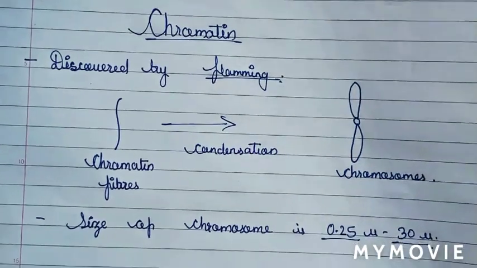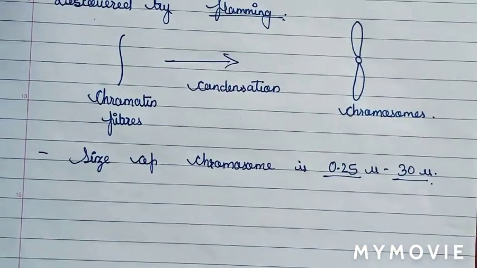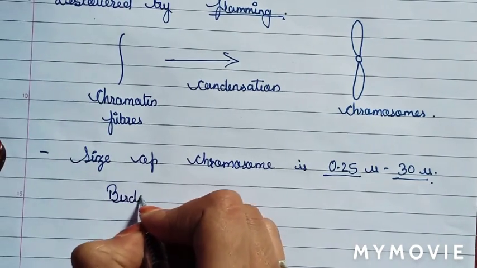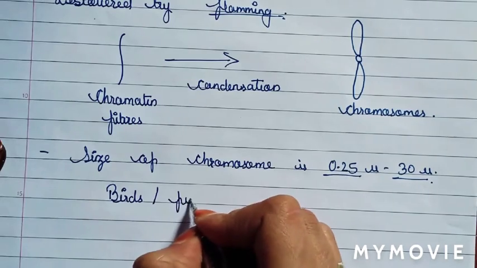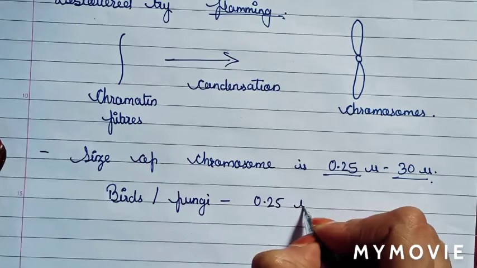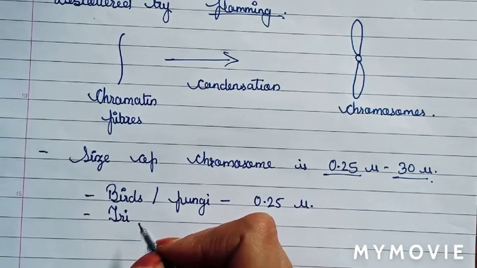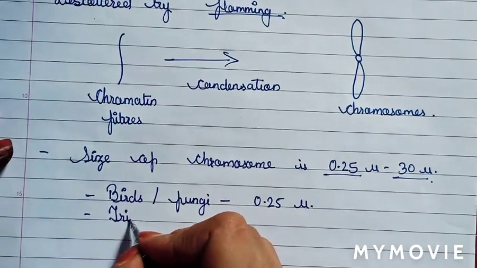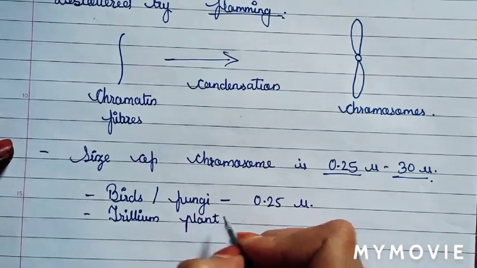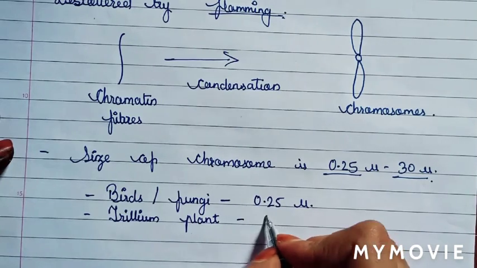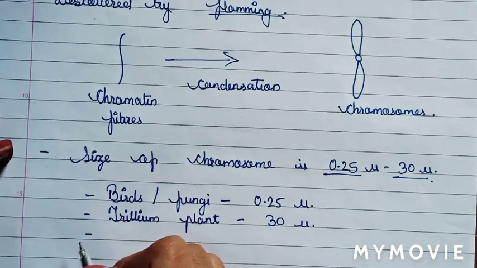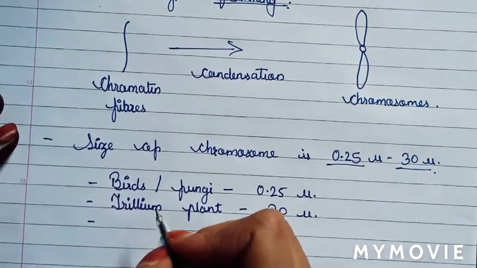If we talk about birds or fungi, then the size of the chromosome is 0.25 micro. If we talk about plants, specifically the Trillium plant, then the size of the chromosome is 30 micro. Means as compared to the human cell, the plant cell has a large chromosome size.